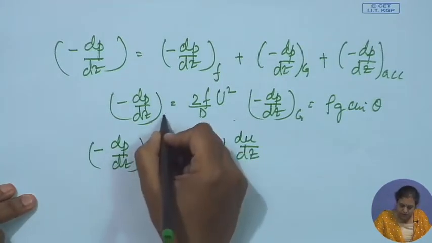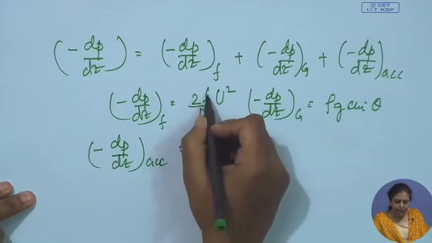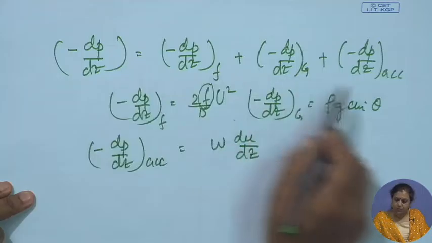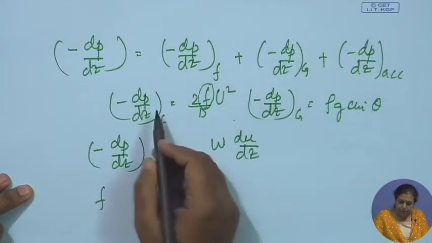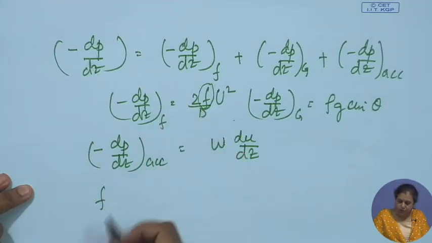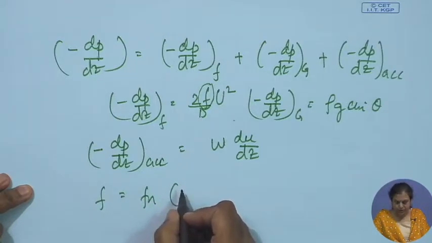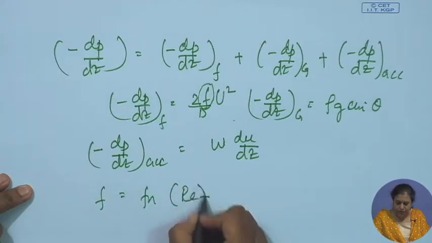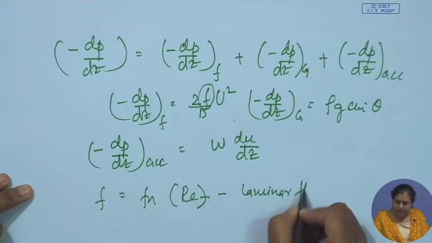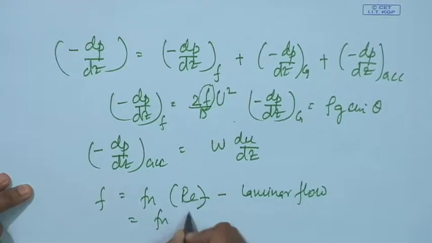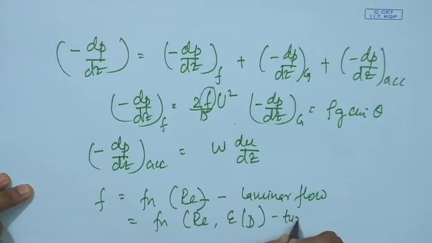Now, this is the frictional pressure gradient. In this particular case, what do we find? The frictional pressure gradient, this was for single phase flow, and for single phase flow we found that it was expressed in terms of a friction factor, where it is very well established that it is a function of Reynolds number for laminar flow, and usually a function of Reynolds number and roughness factor for turbulent flow.